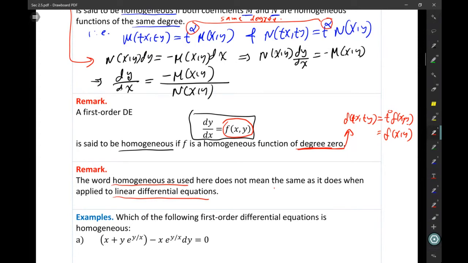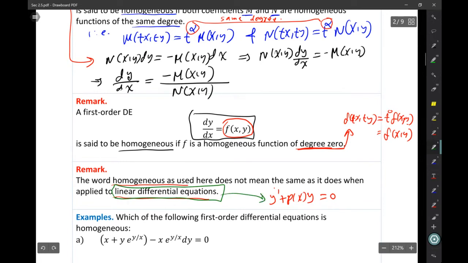But the homogeneous linear differential equation is in the form y prime plus p of x y is equal 0. This one is what I mean here by homogeneous linear differential equation.